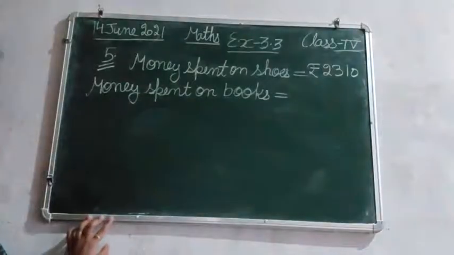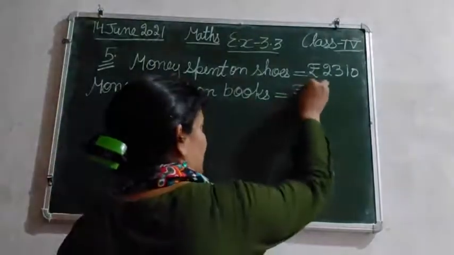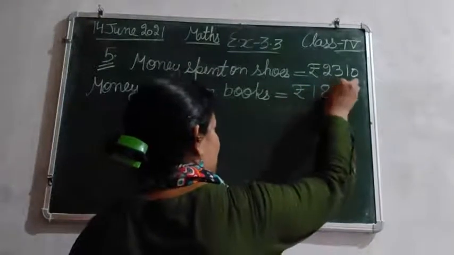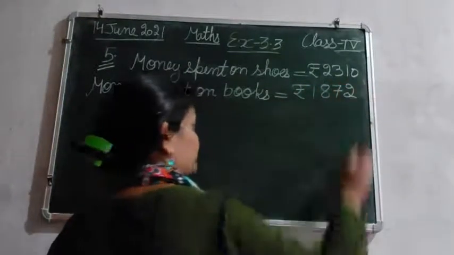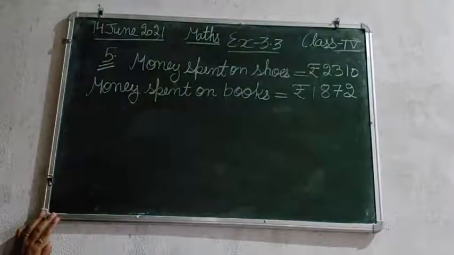Money spent on books is rupees 1872. So this is the money he has spent on shoes and books.